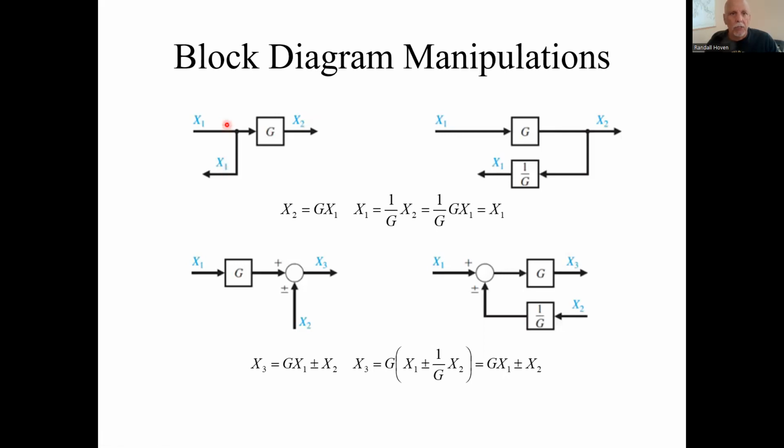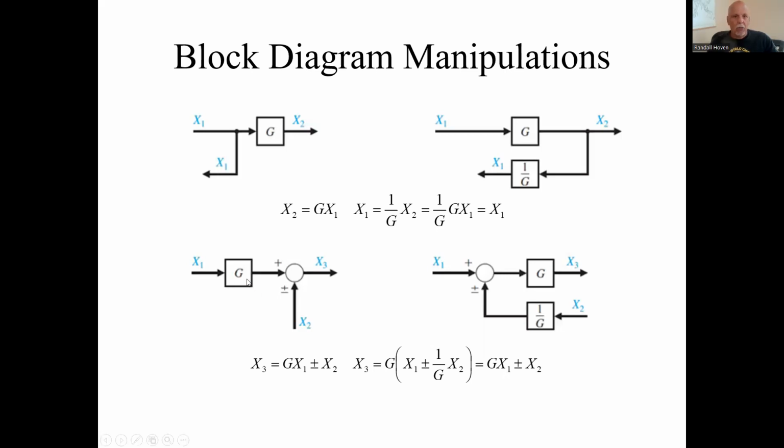If I take x2 and then divide by g, well, x2 was g times x1. So if I multiply by g and divide by g, I get back x1. So I can move this guy to the right of that process by dividing by g on the way back.